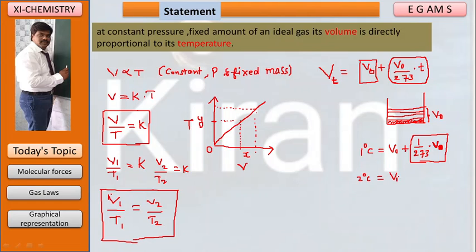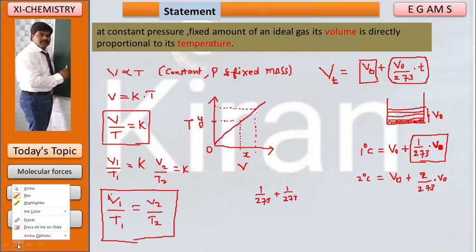V is equal to V naught plus, instead of 1, 2 degree means you have to write 2, so 2 by 273 into V naught. Why have I written 2 for 2 degree? 1 degree means 1 by 273 volume should be added. One more 1 degree means 1 by 273 part should be added. 1 by 273 plus 1 by 273 is 2 by 273 of its original volume. It means 2 degree centigrade means 2 portions of volume will be increased.